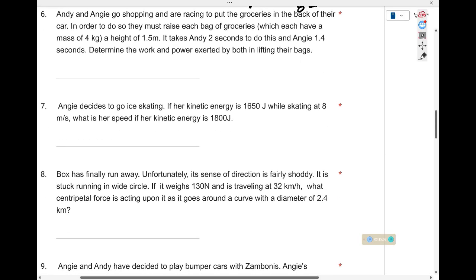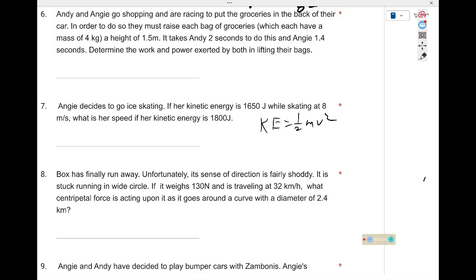Okay, and it decides to go ice skating, and her kinetic energy is 1,650 joules while skating at 8 meters per second. What is her kinetic energy at 1,800? Okay, so we know kinetic energy equals 1/2 mv squared, right?